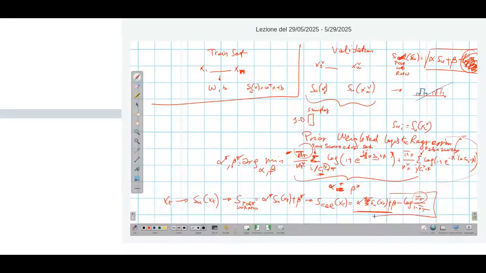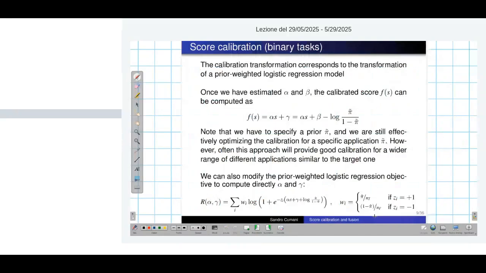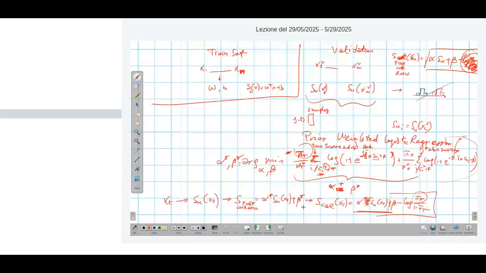If you want to train a model that directly gives you the values of alpha and of this sum, you can actually train a different model where in the parentheses you put alpha s plus beta plus the log odds of the prior, which means that what you estimate in beta is beta minus the log prior. So then your calibrated score will be just this. But this doesn't really change much.